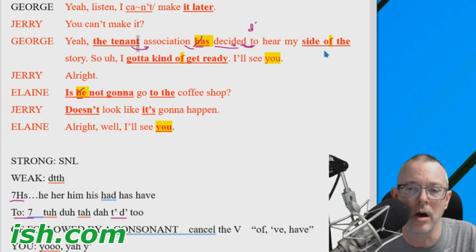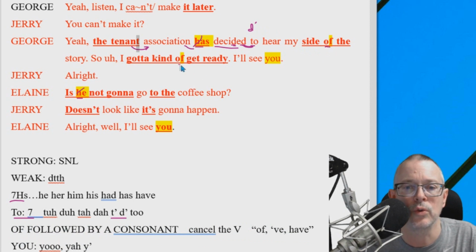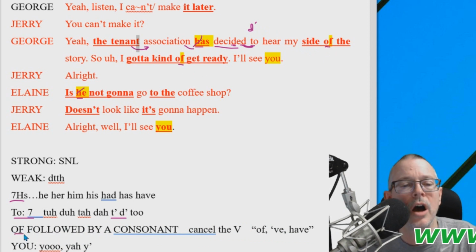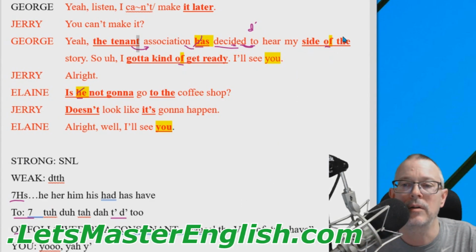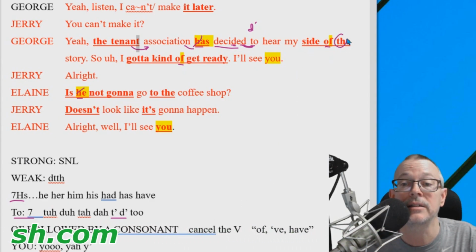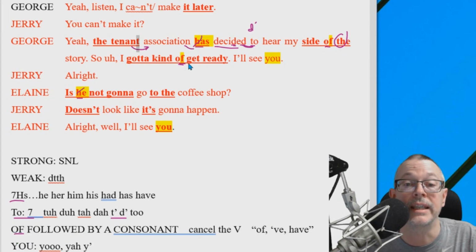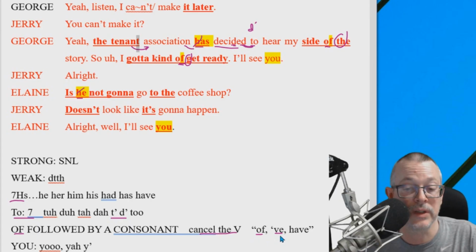Now we have the word "of." We have it here too. And if the word "of" is followed by a consonant, "of the," th is a consonant, "of get," g is a consonant. If it's followed by a consonant, cancel the V. And this can also happen with the word "of," the suffix "have," and even the word "have" itself.